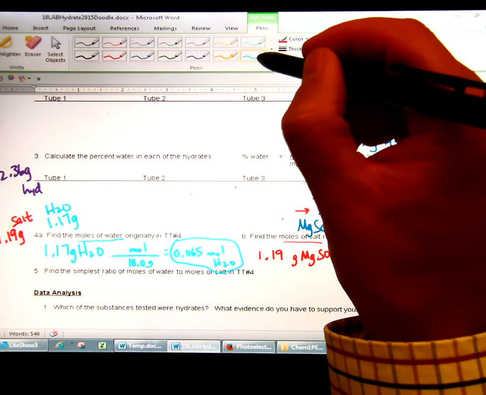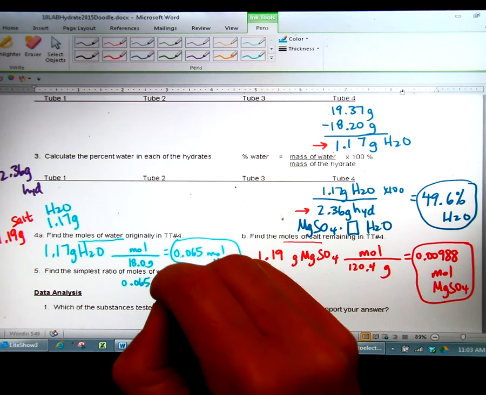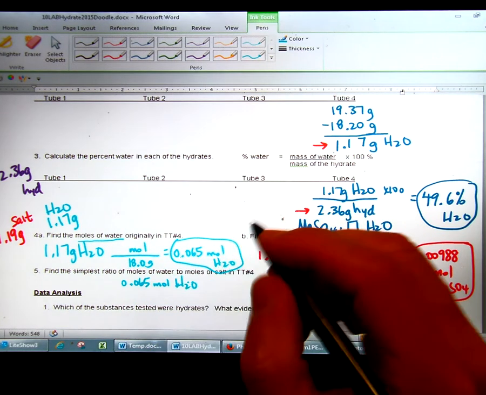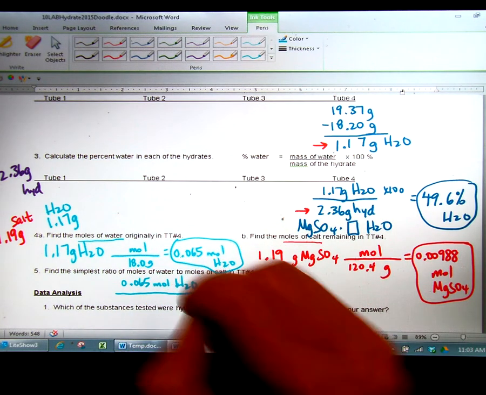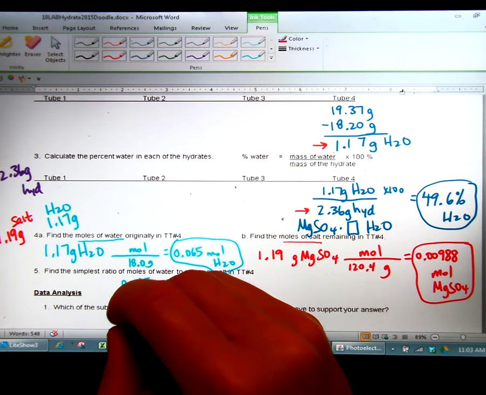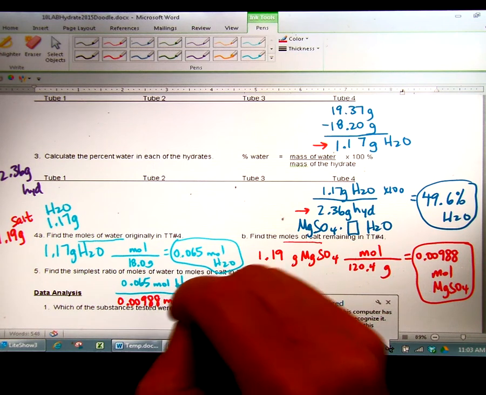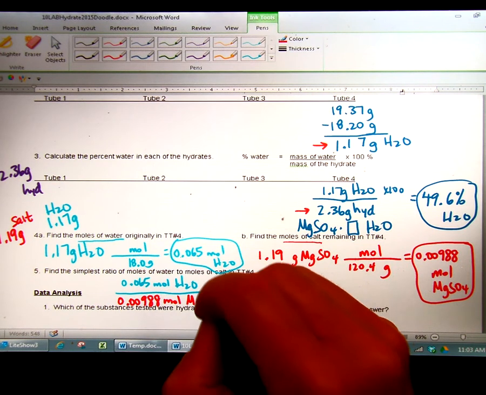So if I take my 0.065 moles of water, I know that that went with 0.00988 of MgSO4.